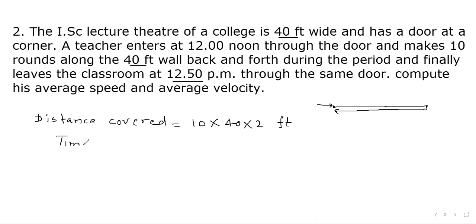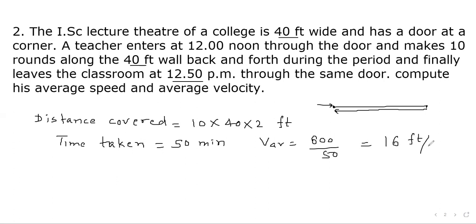And time taken is equal to 50 minutes. So V average, that is average speed, equal to 800 divided by 50, that is 16 feet per minute.